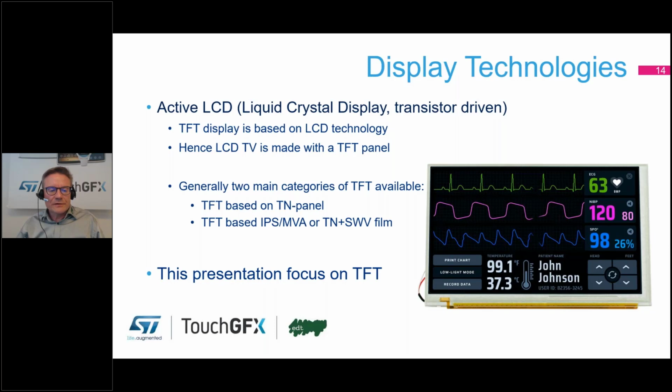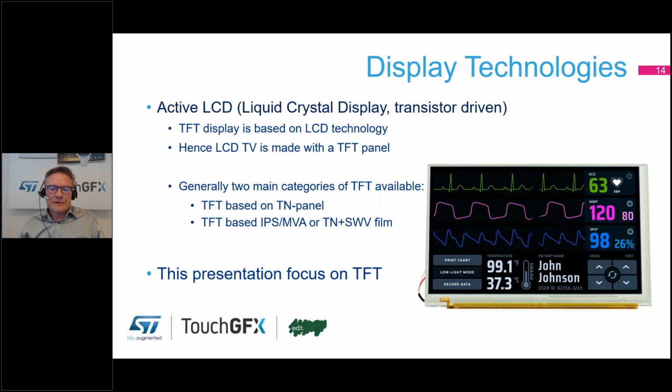But then of course, the general requirement for those technologies comes from a desire to have very wide viewing angles of the display. And actually there are some small tricks that we can use, like adding an SVV film on the TN display to achieve a better viewing angle. We will come into that a little bit later.